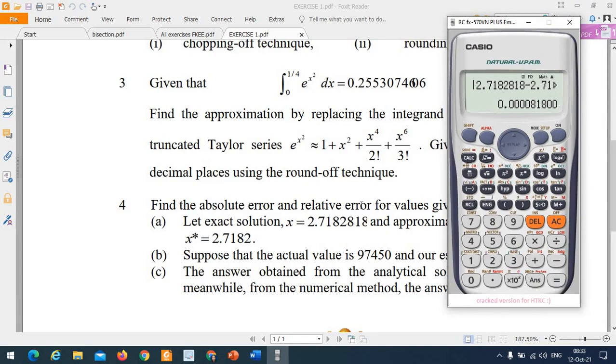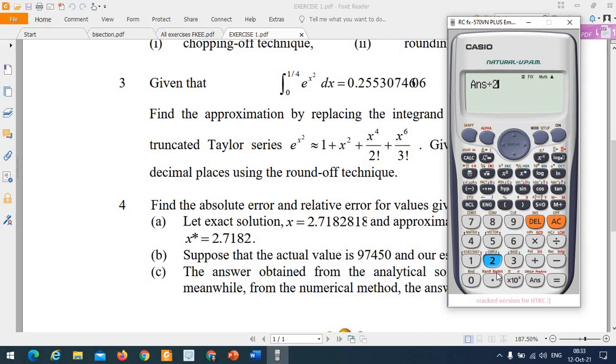So if you want the relative error, it is the absolute error, which you take from this one. Now your absolute error is stored in the answer in your calculator. So you just press divide. You want to divide by the exact solution. If your exact solution is negative, make it positive because we take the magnitude only.